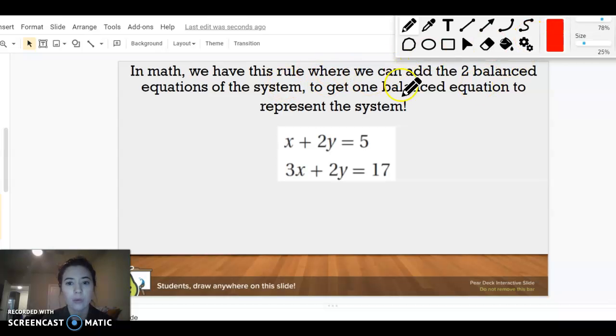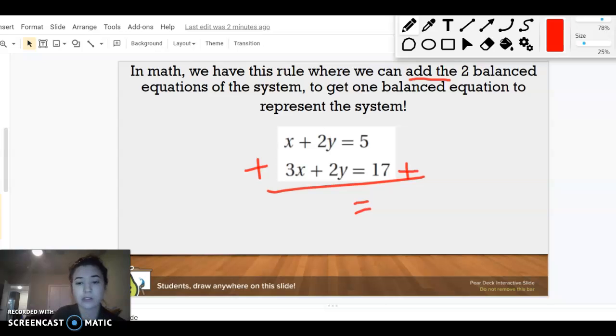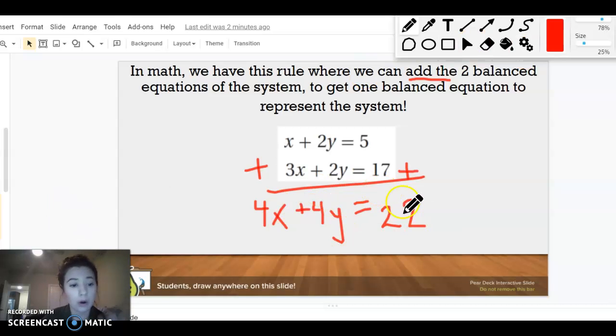So I'm going to add both sides on either side of the equal sign. x plus 3x gives me 4x, and then 2y plus 2y gives me 4y total, and then 17 plus 5 is 22. Now we have one balanced equation that represents our system.